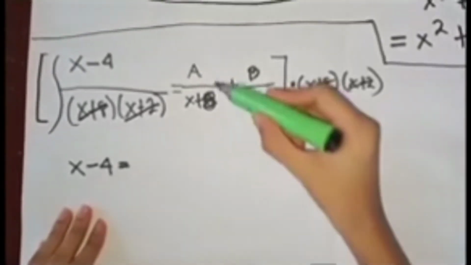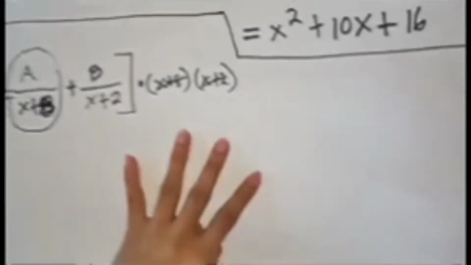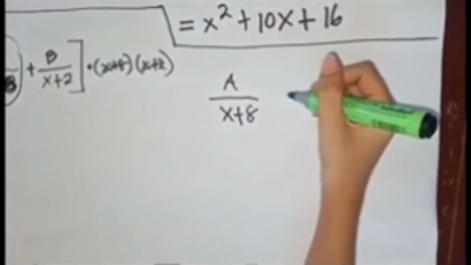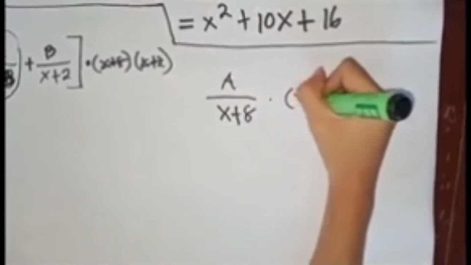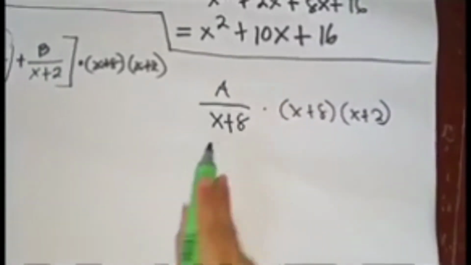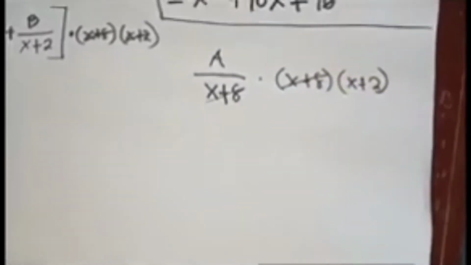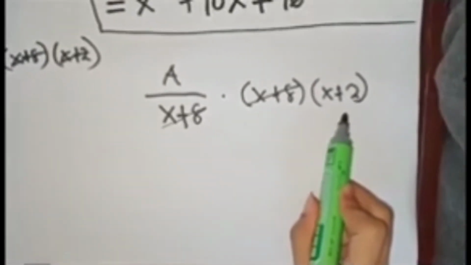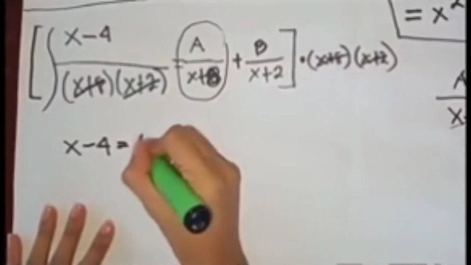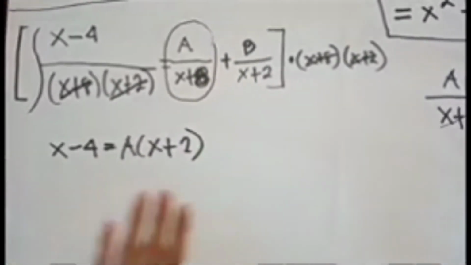Now, we will take this fraction and multiply it by this factor. Okay, let's rewrite. A divided by (x plus 8) times (x plus 8) and (x plus 2). Now, x plus 8 will be cancelled here too. X plus 2 will be left. So let's rewrite it here: A times (x plus 2).